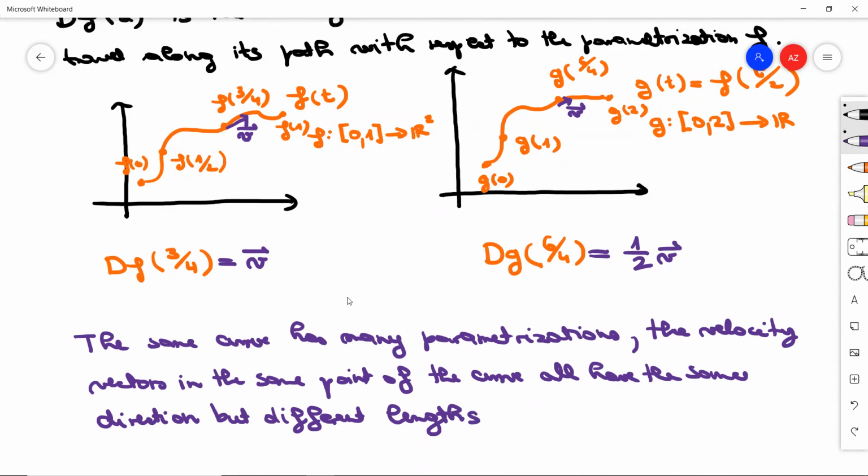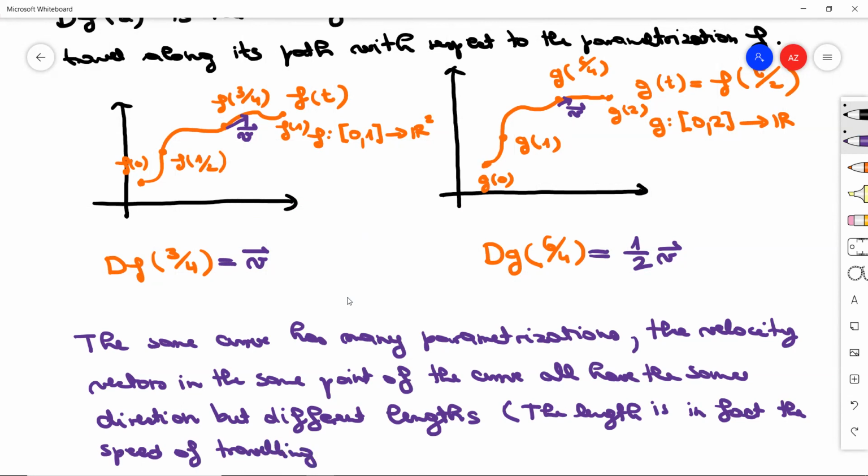And this length is in fact the speed of traveling along the curve.